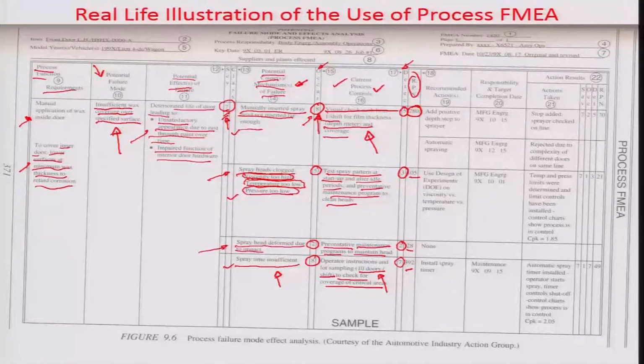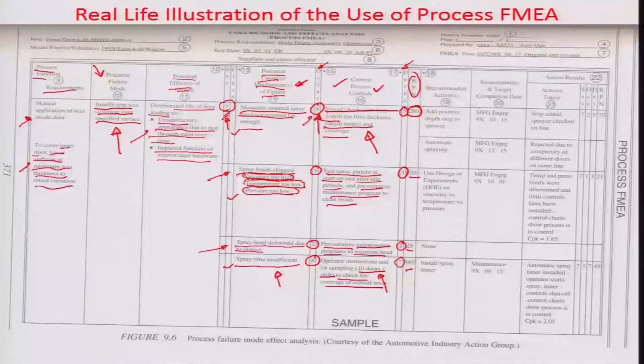Okay. So the idea is to tackle actually the occurrence part and make it lesser, and the detectability part to go higher, so that you can ensure that any failure mechanism which is causing this particular failure mode to happen is eliminated completely, and whatever generation of that failure mode is still existent is very well detectable, so that it doesn't lead to many undetected failures going out of the process.